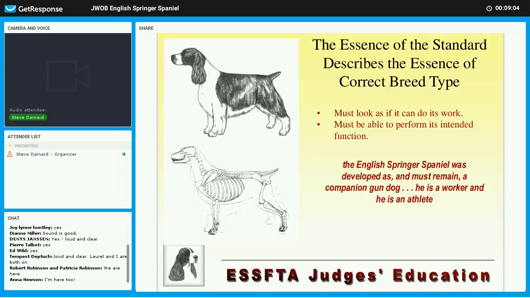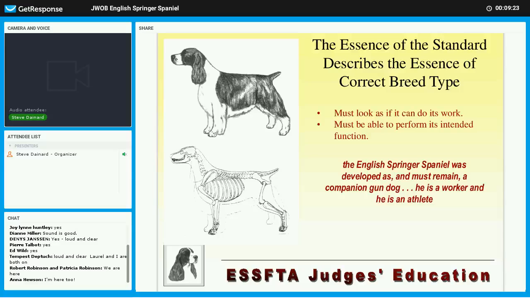But the true test of stability and temperament is how that animal responds and recovers from that negative situation. Okay, we're not looking for dogs who are going to hit the ground and stay there in a submissive situation. We look for a lot of heart.